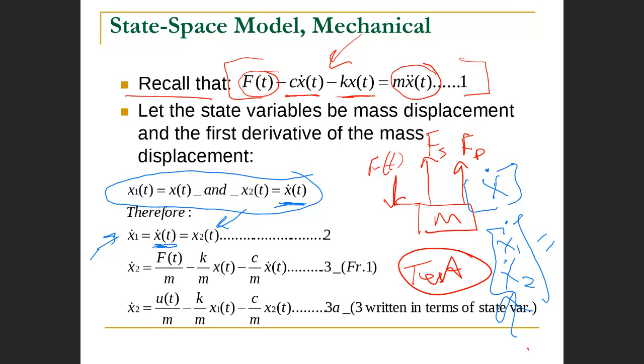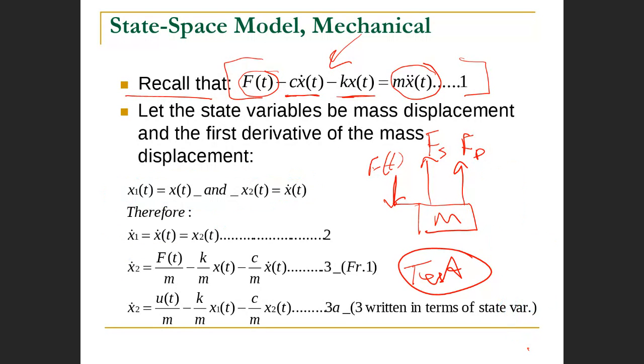Are you seeing equation 2? Read it for me, please. I'm seeing that x1 equal x of t equal x2 of t. But initially you said that when you differentiate x1 of t, you get x of t.